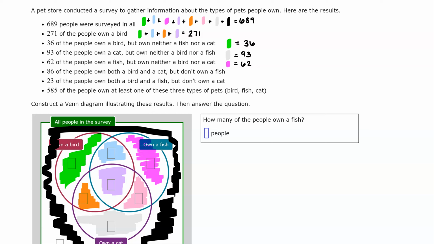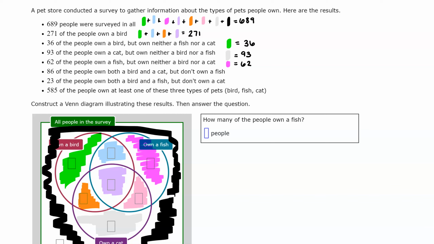Now, 86 of the people owned both a bird and a cat, but not a fish. So owning a bird is green, blue, orange, and purple. And owning a cat is orange, purple, pink, and gray.